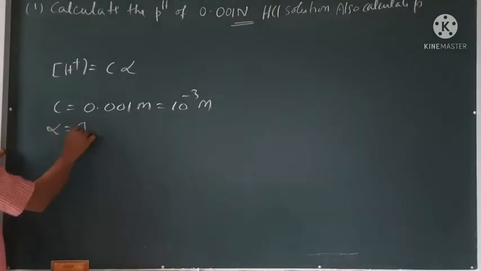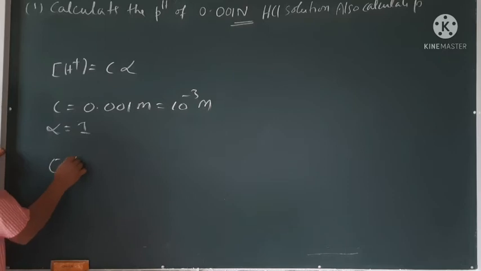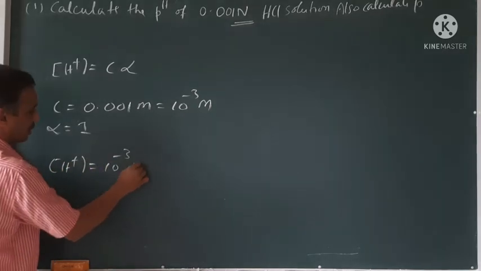And alpha is 1, as it is a strong acid. So H plus concentration is equal to 10 to the power minus 3 M only.